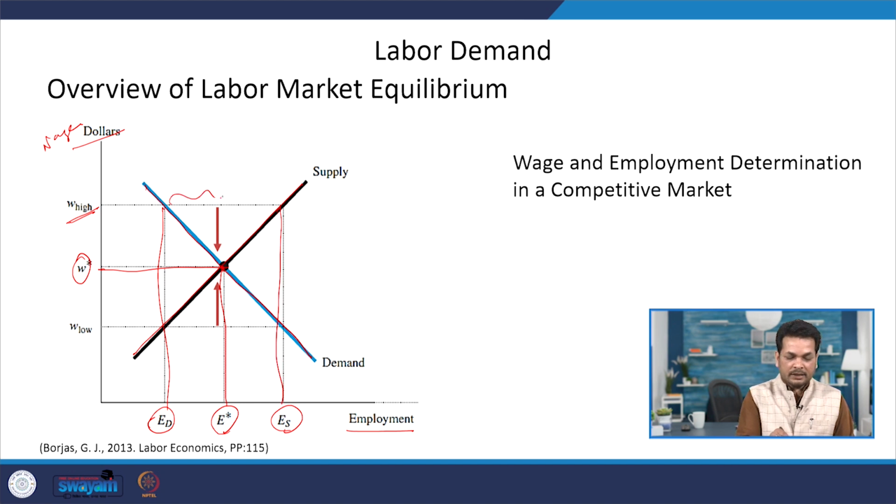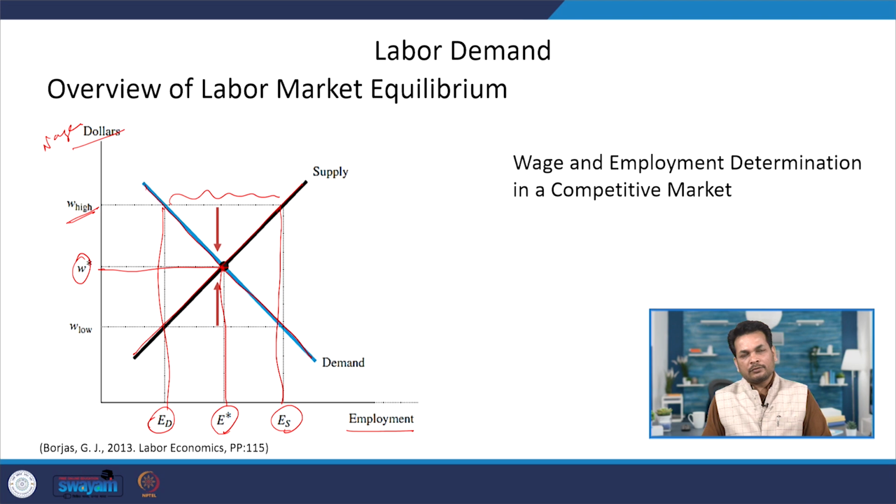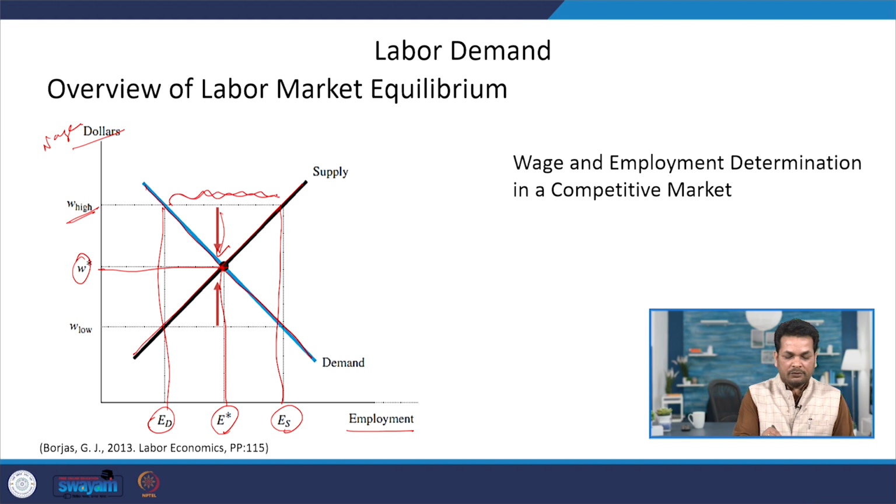So, there is an excess supply of labor, which means there is a large queue before the employers, which will tend to make the employer reduce the wage rate until it reaches this point W star. So, this excess supply of labor will induce certain force on the wage to come down.